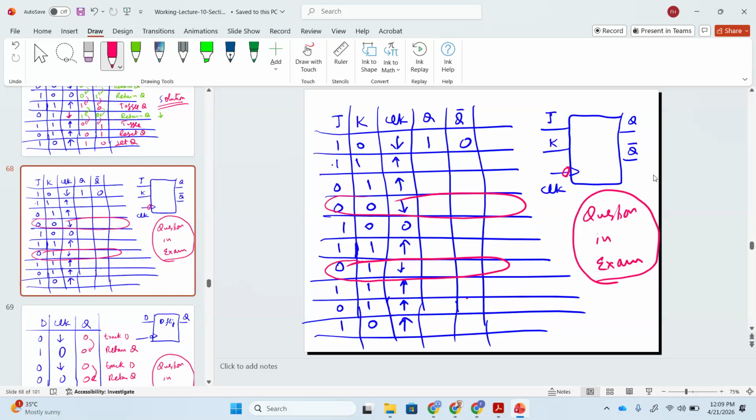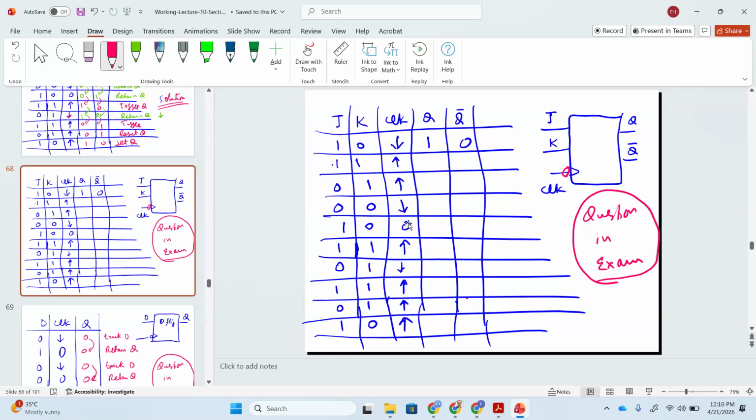What's the problem? Shouldn't the fifth one also change? Why? Because it's a falling edge. He's asking about the fifth row.